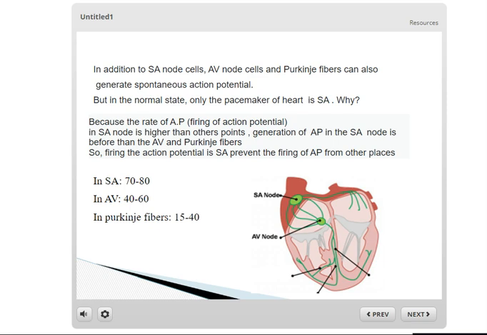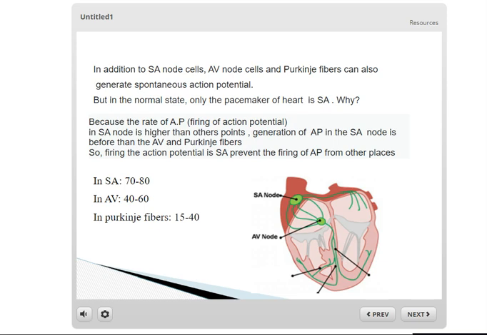The firing rates of the different pacemaker regions are: SA node 70 to 80 beats per minute, AV node 40 to 60 beats per minute, and Purkinje fiber 15 to 40 beats per minute.